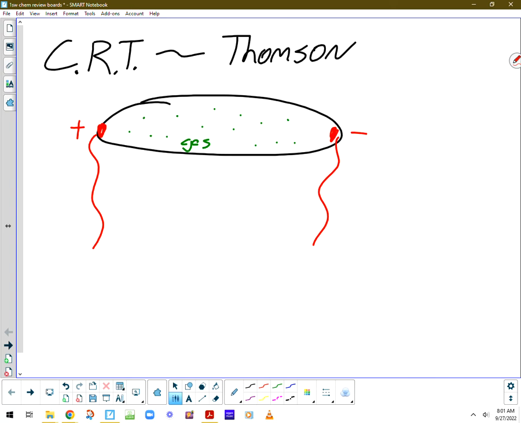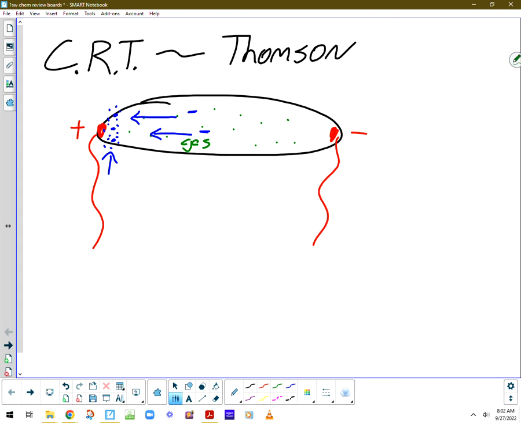When they turned on the juice, they noticed that down here at the positive end of the tube, they started seeing little collisions happening, little blinky blinks, which suggested that there were some particles inside of here flowing toward the positive end of the tube.